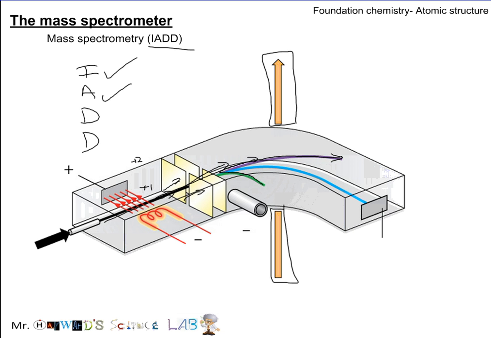If we've got ions that are too light, the magnetic field is going to deflect them too much and they're not going to reach the detector. And we're going to have ions in the middle that hit the detector. We can then change which ions hit the detector, so that's deflection, by changing the strength of the magnetic field.